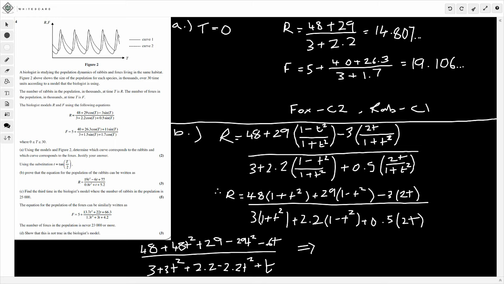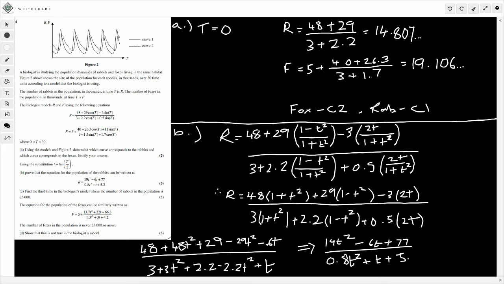So that's going to give me 19t squared minus 6t plus 77, divided by 0.8t squared, because this is 3t squared minus 2.2t squared, it's going to be 0.8, so it does work perfectly. Plus t plus 5.2. And there we go.